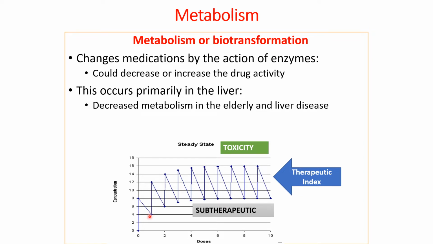But then a second dose of the medication is given, so the concentration in blood increases again. And again, the liver will metabolize the medication and the kidneys will excrete the medication, and another dose of the medication is given. And in this process, we have this up and down of the concentration of the medications in the blood. That is what happens.